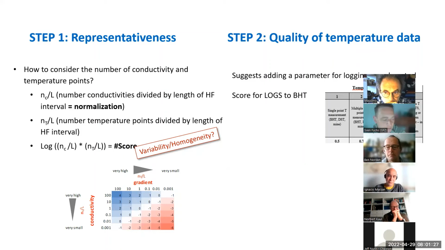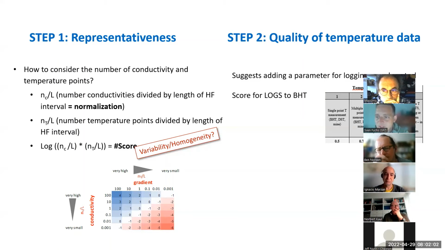Then we have a third column which is also single measurements, and we refer to formation or Drill stem tests, assuming that there is an inherent quality difference between a BHT measurement and a Drill stem test. And then we could also use a fourth category, probably marked as category 2, that we have multiple single point BHT measurements.